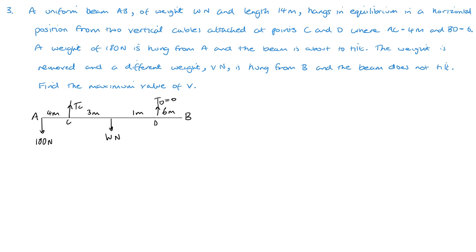So first of all, let's find the weight of this beam. So we're at the point of tilting, we're going to take moments about C. And that gives me 180 times 4 is equal to W times 3.